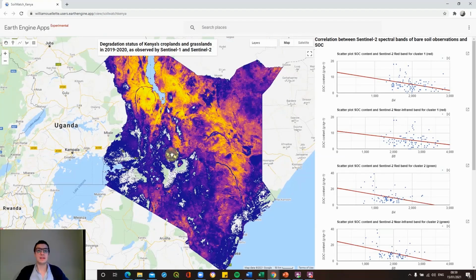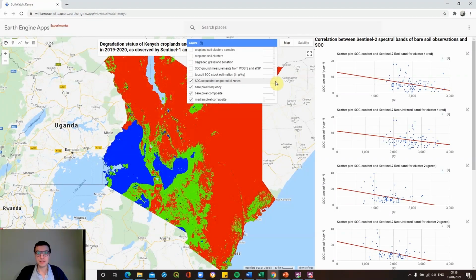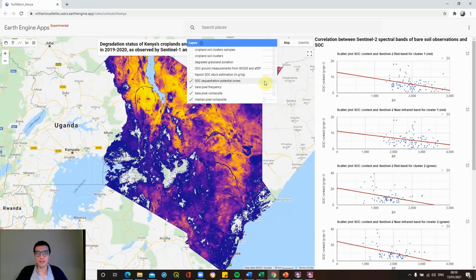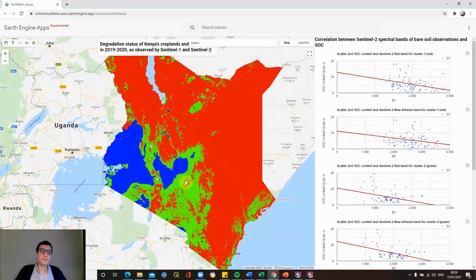So using these covariates as input, as well as temperature and rainfall information, which is also available through the Google Earth Engine, we're actually able to generate this kind of information, which is what we call a soil organic carbon sequestration potential zonation.